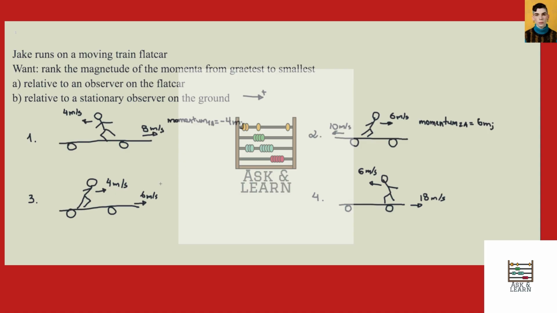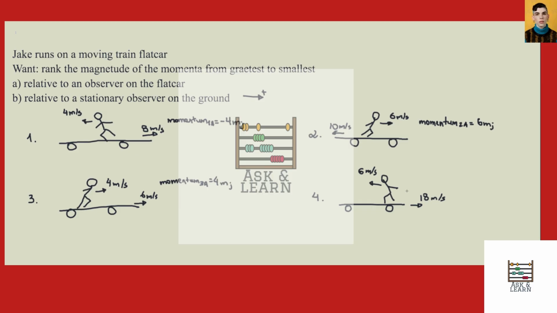On part 3, he's again moving towards the right, so the velocity is positive once again. So the momentum 3A is going to be 4 meters per second towards the right, times the mass of Jake.